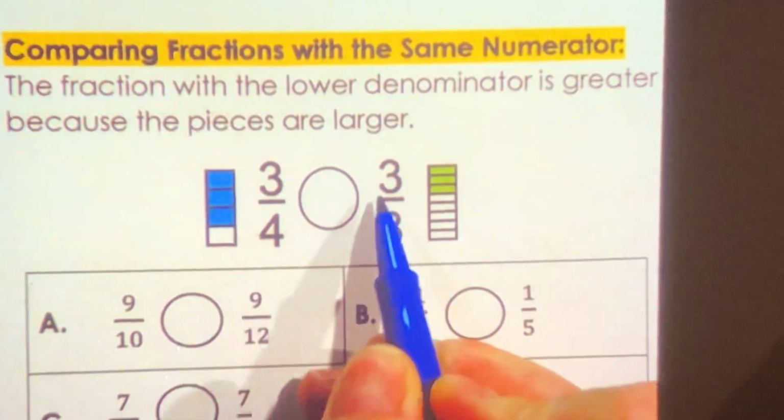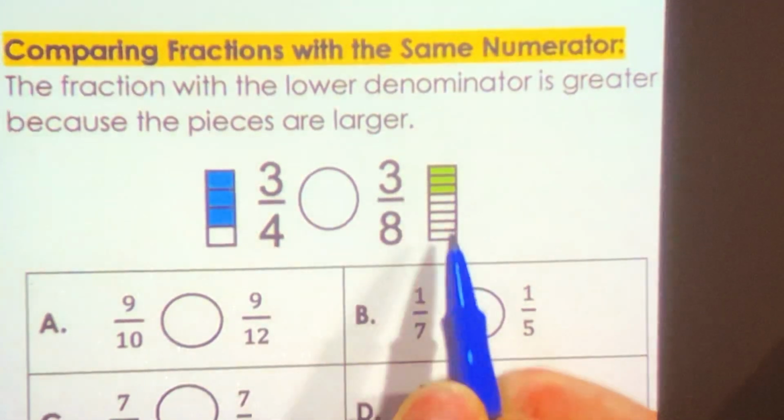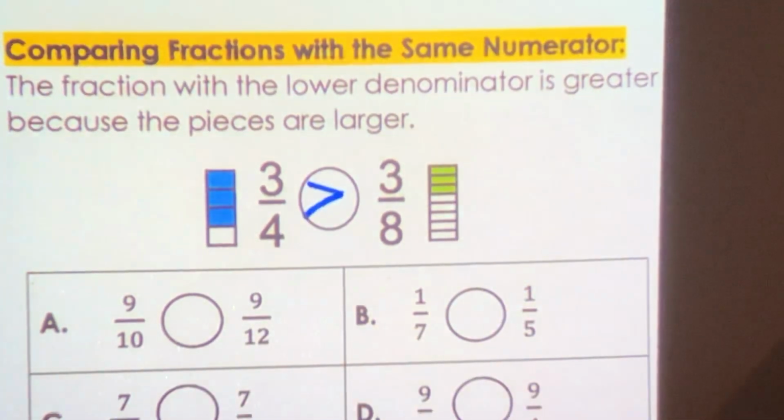You can see here that 3 out of 4 takes up more space than 3 out of 8. So ask yourself as you're comparing fractions, are the numerators the same? Because if the numerators are the same, then the lower denominator will always be greater, because a lower denominator means a lower number of people to share with.